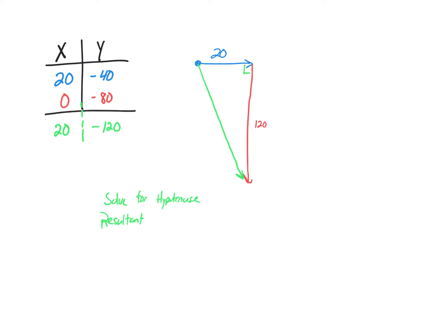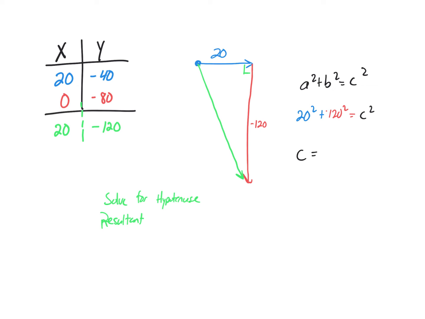All right, now to find that resultant, or to solve for the hypotenuse, I'm going to go back to my Pythagorean theorem. We know a squared plus b squared equals c squared. I can then substitute in the 20 squared, we'll call that the a side, and the 120, that's the b side, and that's equal to my hypotenuse, in this case, the c squared.